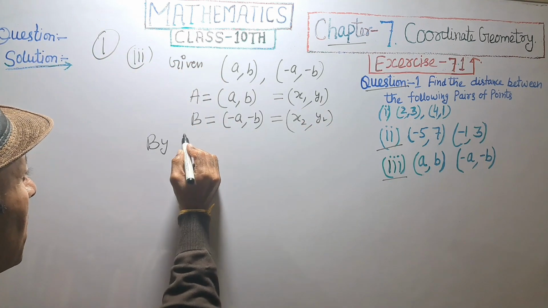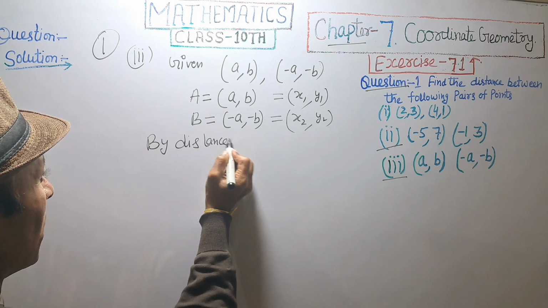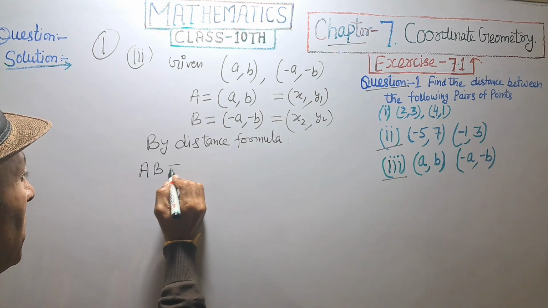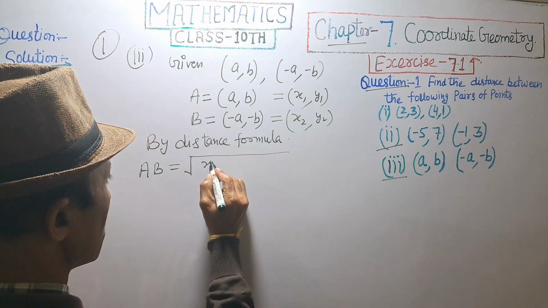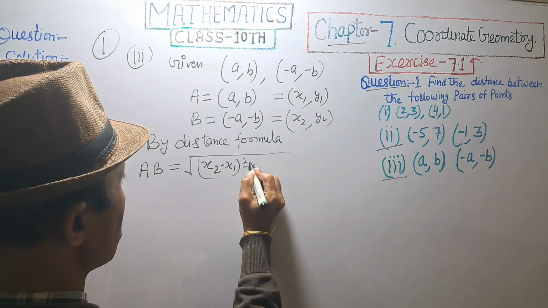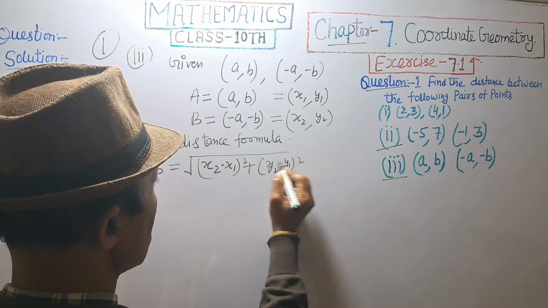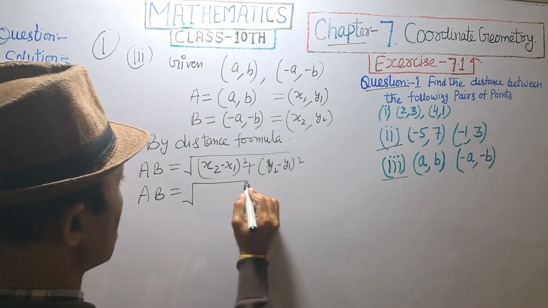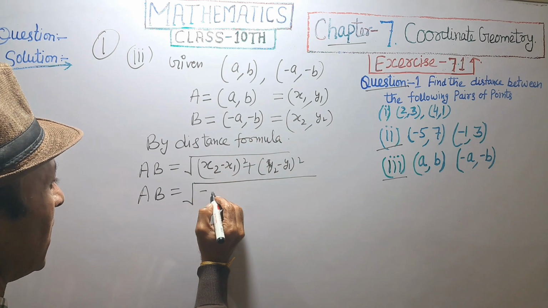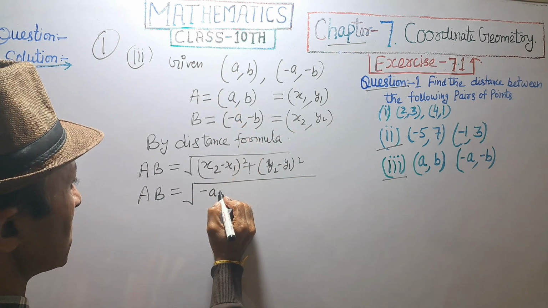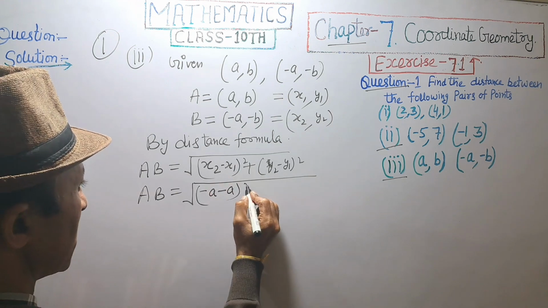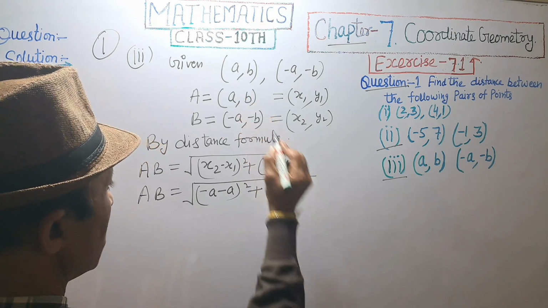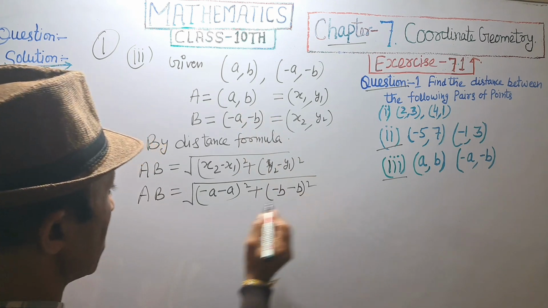By the distance formula, AB is equal to the square root of (x2 minus x1) square plus (y2 minus y1) square. x2 is minus a, x1 is a, so minus a minus a square; y2 is minus b and y1 is b, y2 minus y1 square.